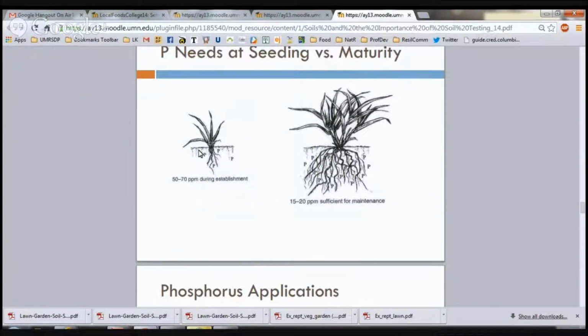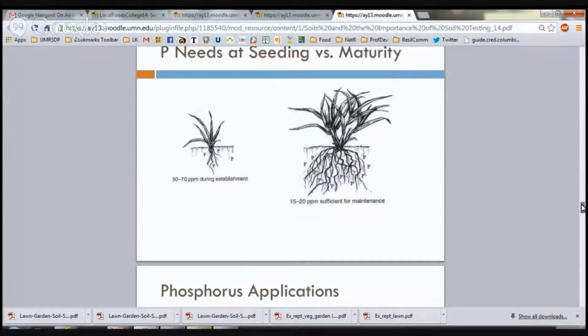So we have to provide it in the seed bed, if you will, for a seedling plant. When you do your soil sample to determine if you need phosphorus, I would not take my sample as deep. Because obviously you've got to have phosphorus for it to get that big in the long run.